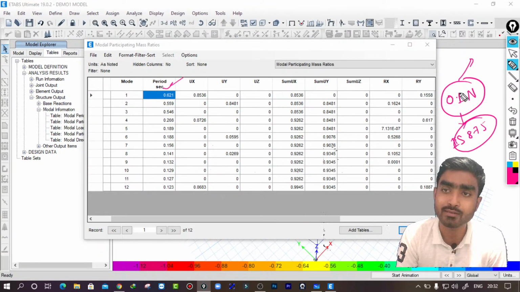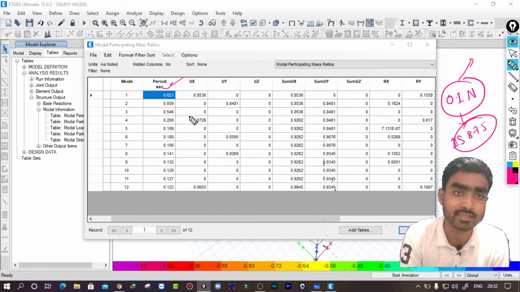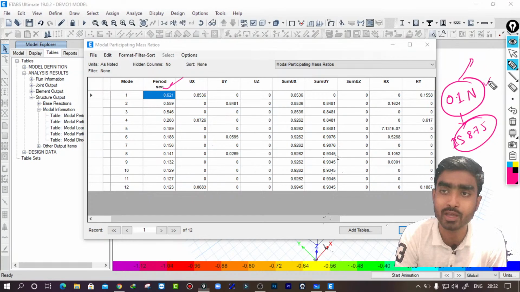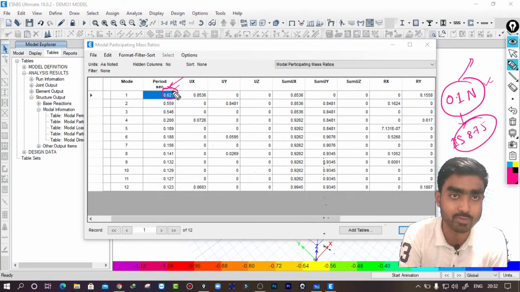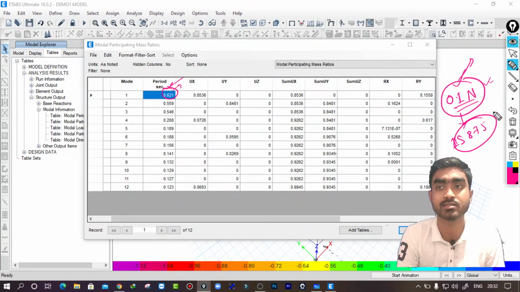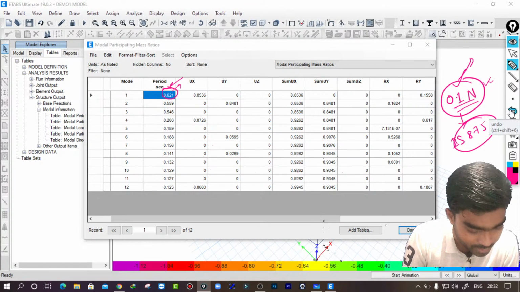In practice, engineers, and also abroad, take this formula just for checking whether the first mode time period is equal to or greater than this value, 10% of the number of levels, not number of stories.